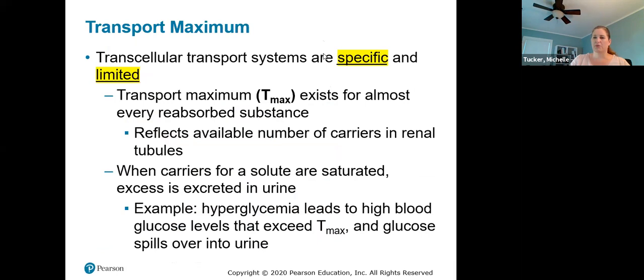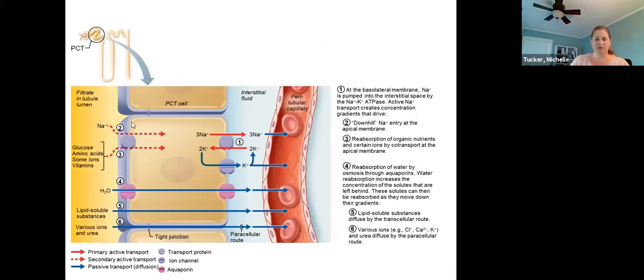There is a transport maximum because sodium over here, this is a protein. So this is an ion channel, or a channel that's going to facilitate glucose going through it. These are protein channels, and it's like a doorway, and you can only fit so many people through a door at a time. Eventually, there is a maximum rate. So there is a maximum rate for sodium reabsorption, and there is a maximum rate for glucose and amino acid reabsorption as well.